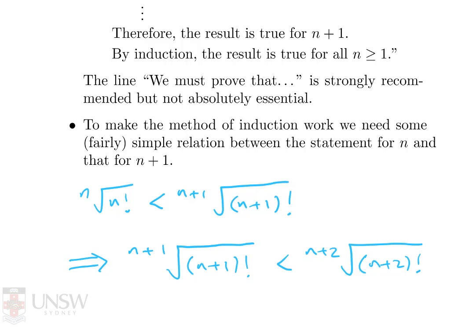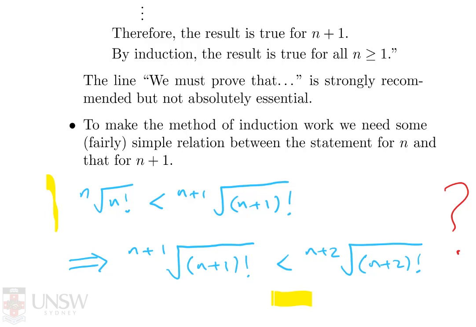Now, I guess that's fine as a proposed project, but it doesn't look very likely to be successful. Because for a start, what do we know about the n plus 1th root of n plus 1 factorial? We know from here that it's greater than something, and we're trying to prove it's less than something. So that looks like it's going the wrong way around.